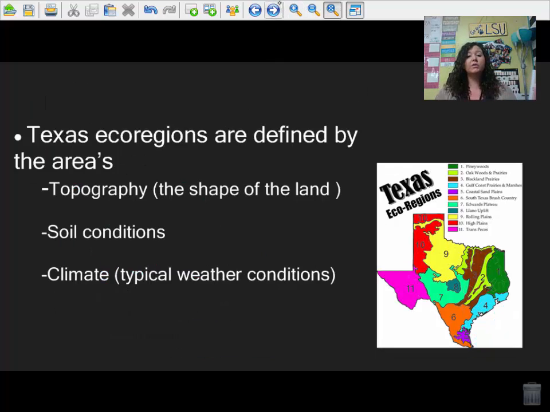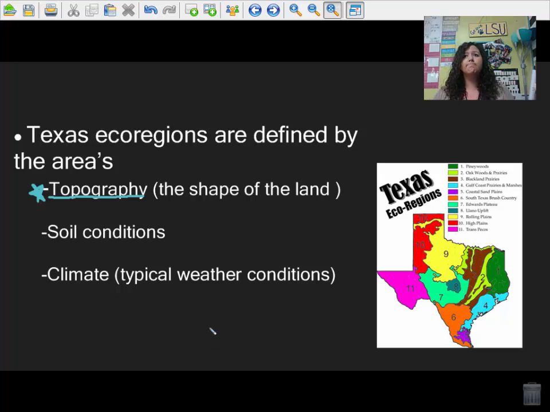In general, when we define an ecoregion, we define it by these 3 things. The topography, which is just a fancy word for the shape of the land. You'll want to make sure that you know what this word means. That's a really important vocab word. The soil conditions: is it dry soil? Is it wet soil? Is it sandy soil?